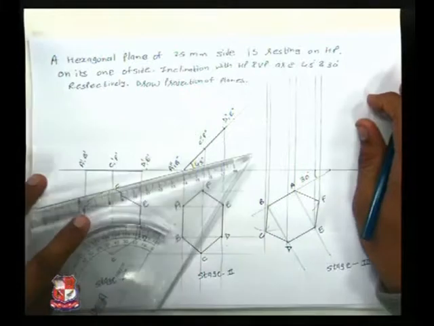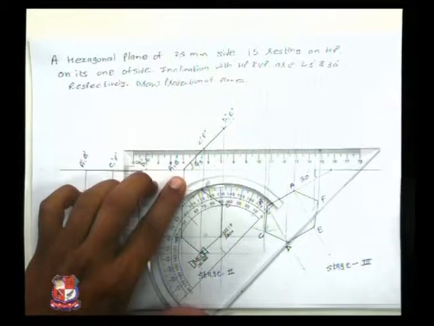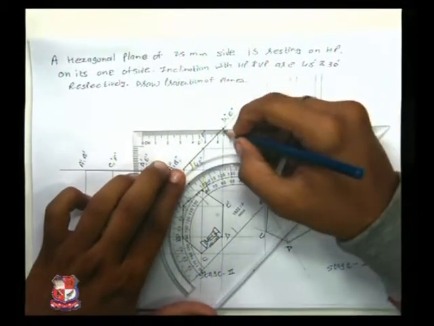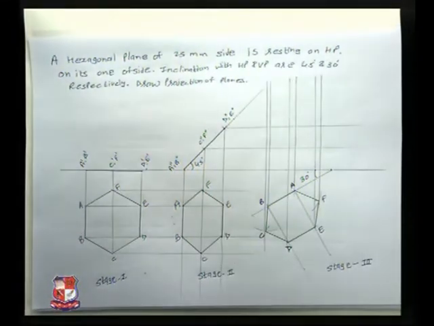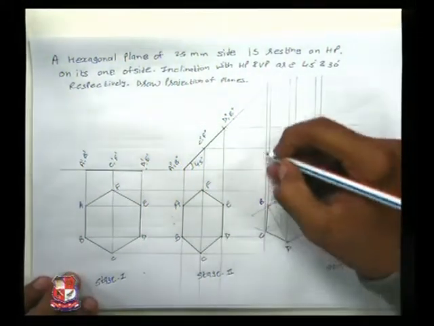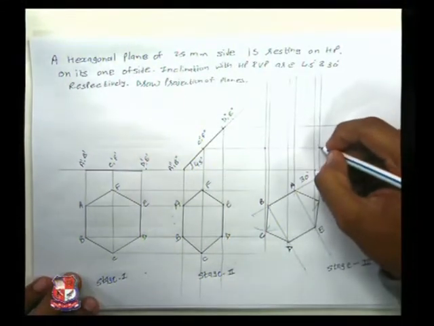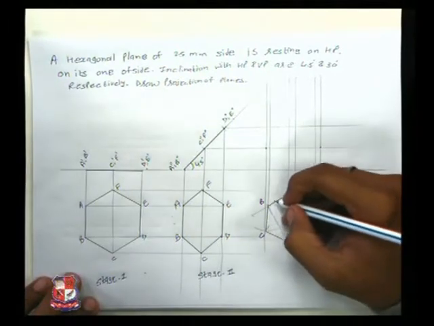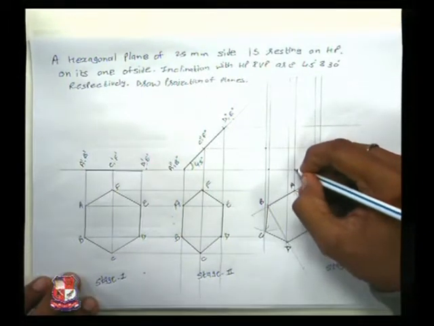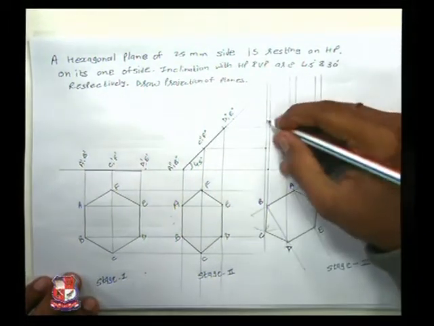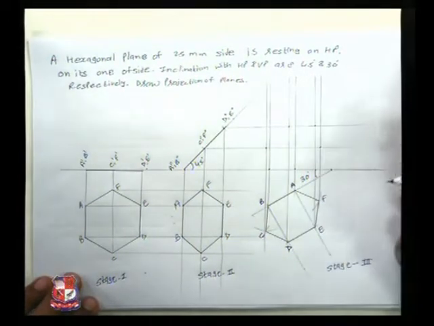Like this, I have taken the projections matching with the horizontal ones. Mark the points very carefully with their respective points itself. C would intersect with the C only. F would intersect with the F only. A and B would intersect with A and B only. D intersects with D double dash. E intersects with the E double dash.